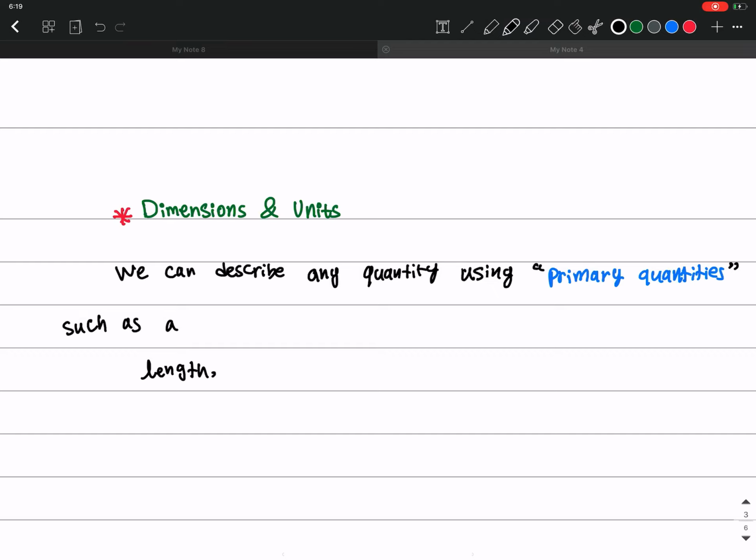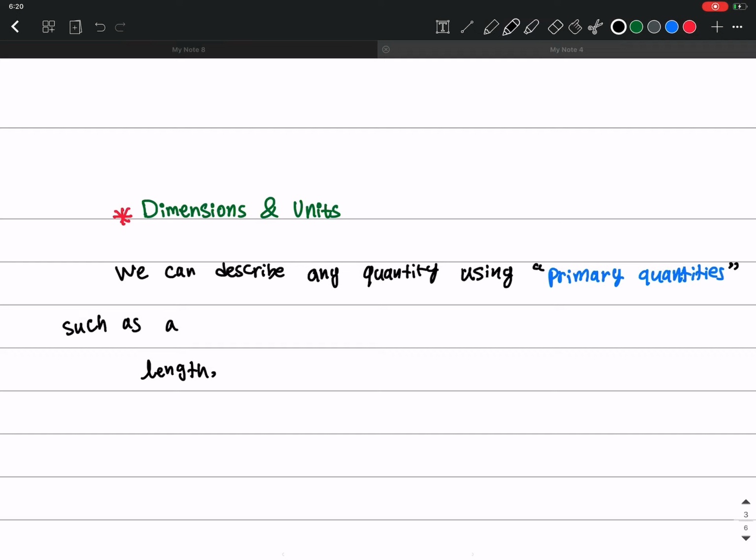So we have some primary quantities. We can show any quantity, at least in physics, fluid mechanics, and also in most of the mechanical engineering and mechanics problems that we have, with these primary quantities.